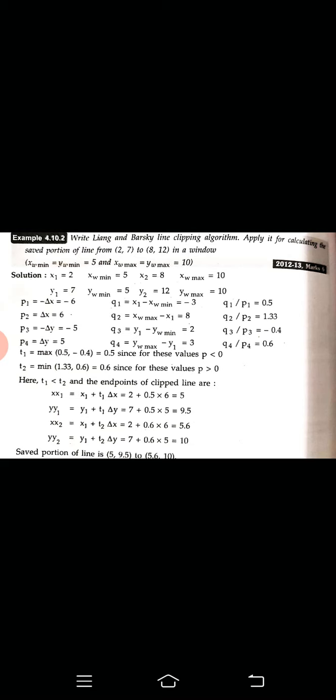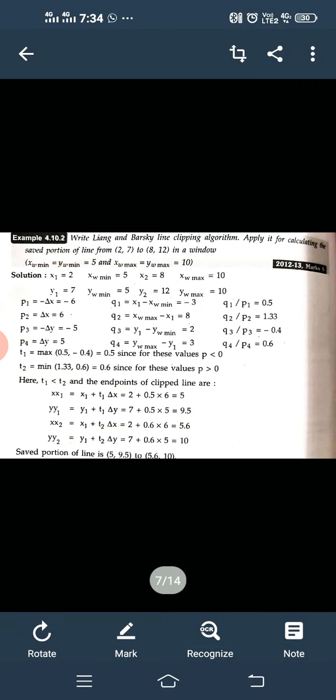In the same manner we will calculate the values up to p4, and for q1 to q4 there are formulas discussed in the previous pages. You can take help from that, and in the next step we will find the values of the different t. We have to calculate q1 upon p1, then q2 upon p2, q3 upon p3, and q4 upon p4.